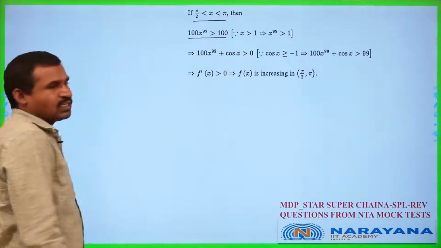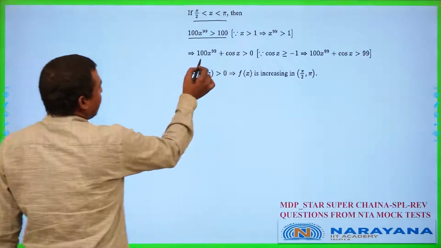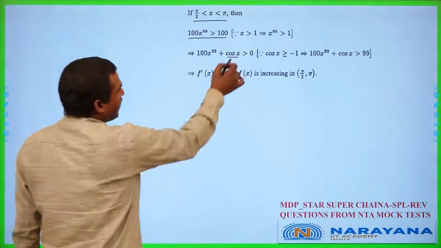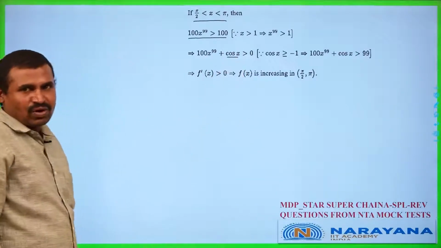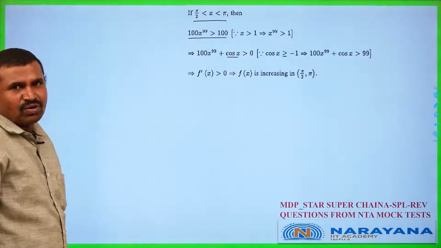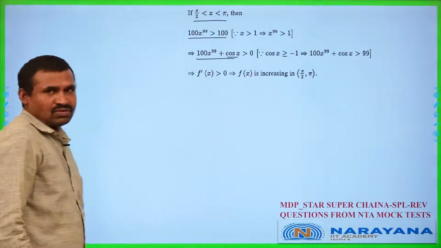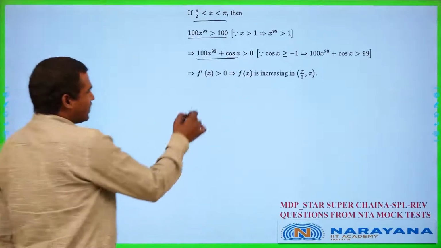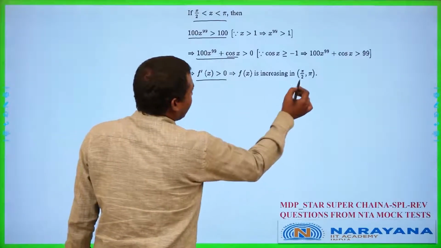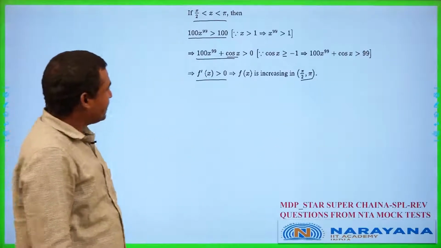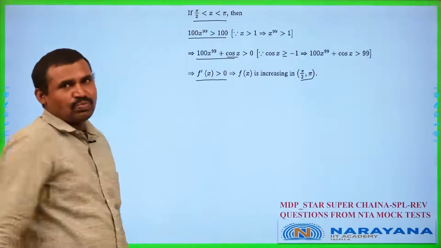Cos x is always less than or equal to 1 and greater than or equal to minus 1. So, the total sum 100 x power 99 plus cos x is greater than 0. That means f dash x is greater than 0 in pi by 2 to pi, so f of x is increasing in pi by 2 to pi.